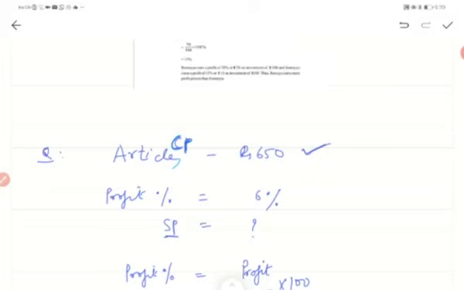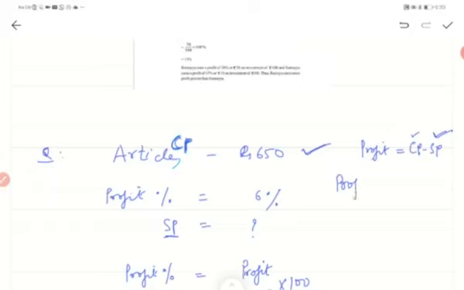They have given us the profit percentage. We know that profit is equal to selling price minus cost price, isn't it? We don't know the selling price, we know the cost price, but we know the percentage of profit.